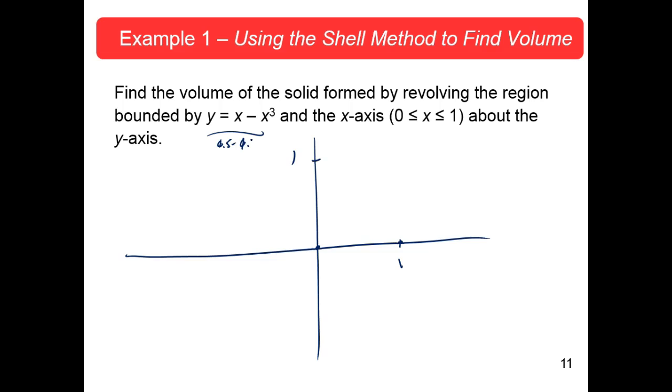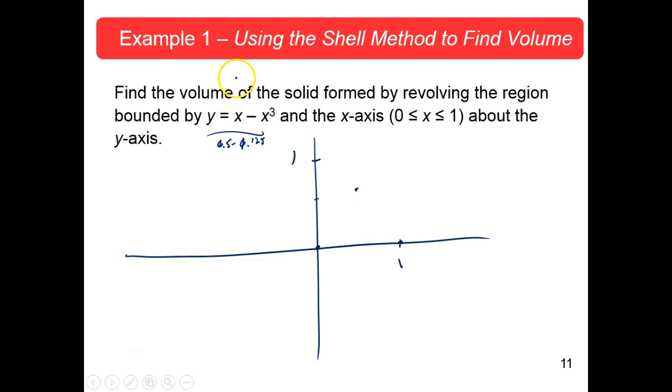Anybody know? Because 5 squared is 25 and 5 cubed is 125, but you've got decimals in there. So this is going to be something like 0.375. That's going to be somewhere here.